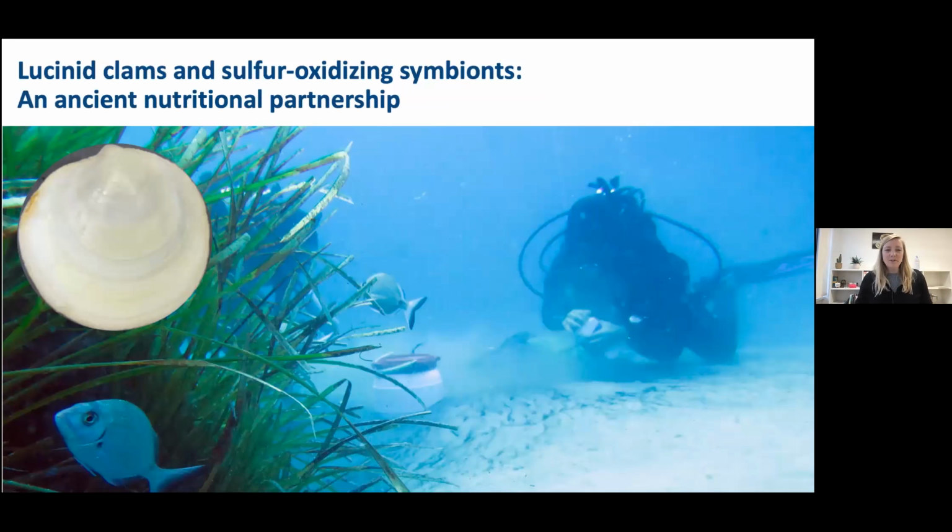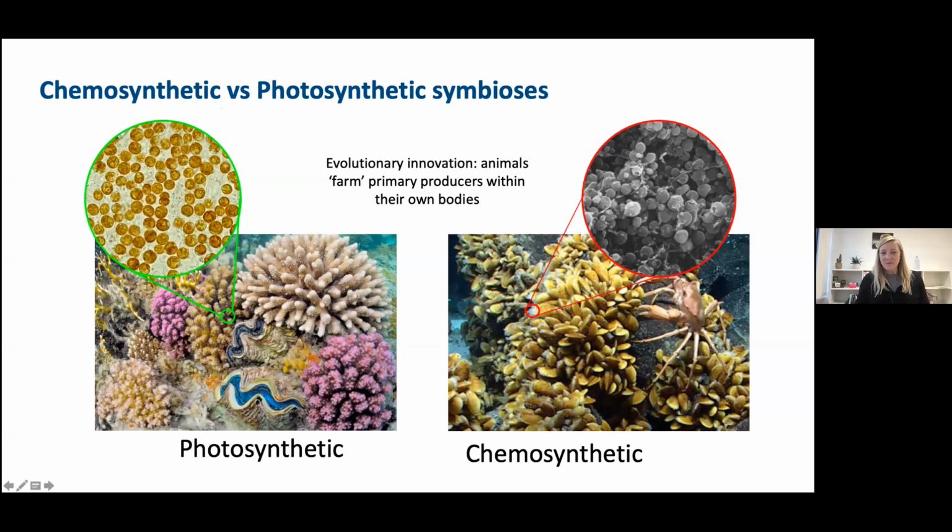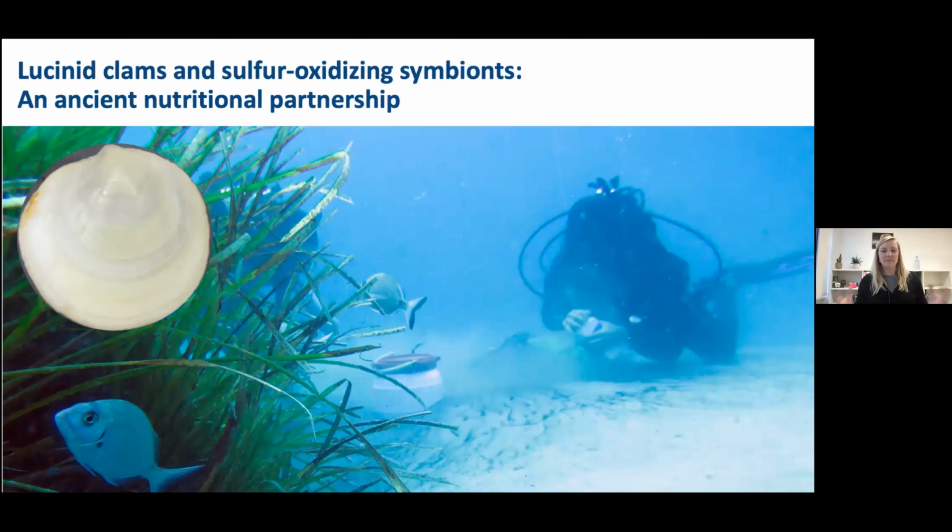So although I worked on deep sea symbioses, I've worked on this animal here, Bathymodiolus mussels, for many years. My lab has now set up shop working on a chemosynthetic symbiosis from shallow water ecosystems. I'm often asked, Austria doesn't have a coastline. Why do marine research in Austria?